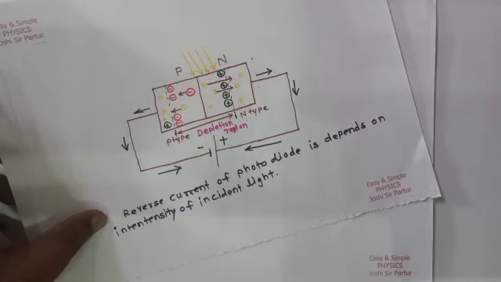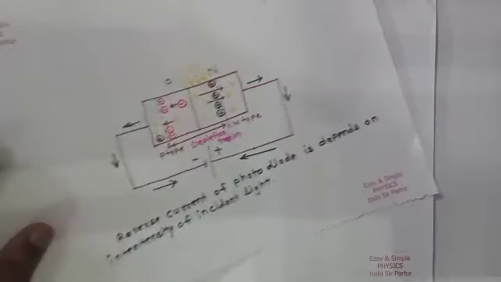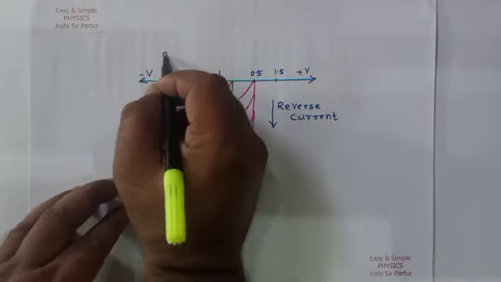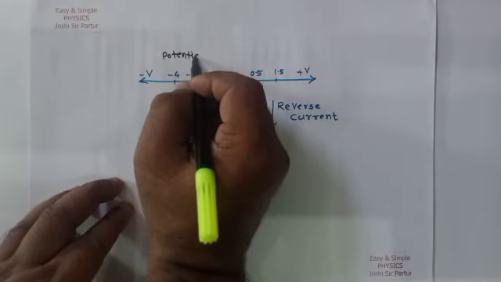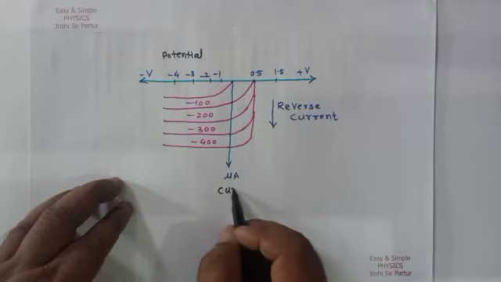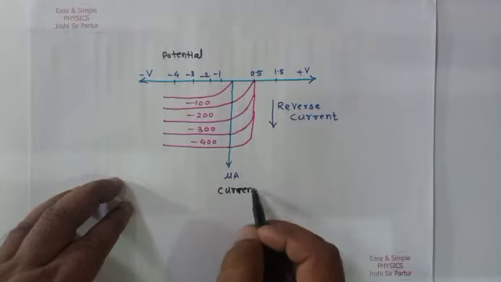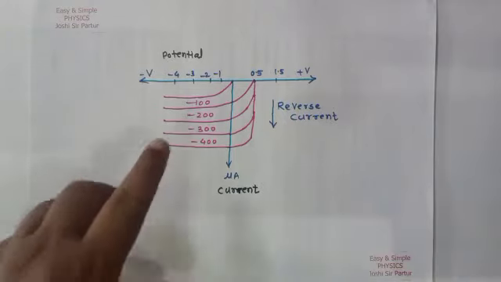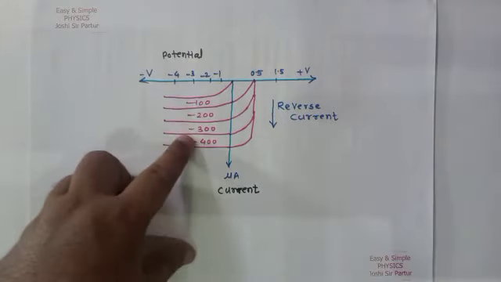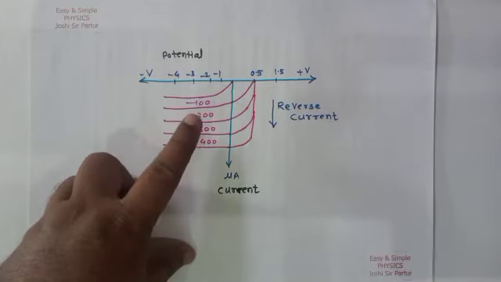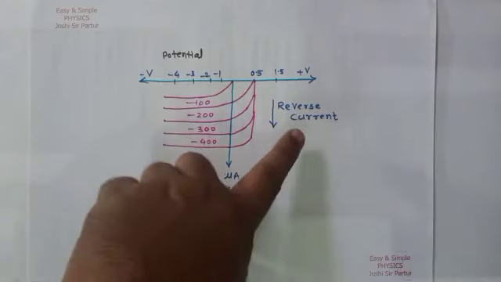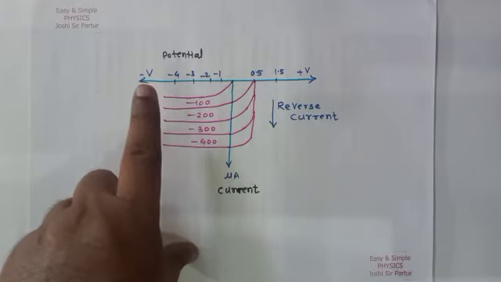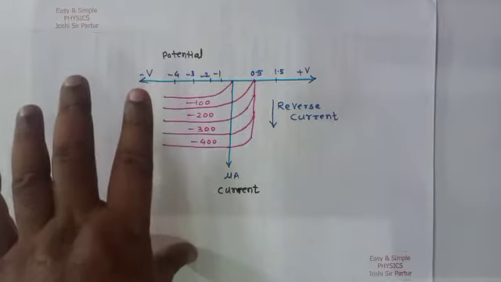If we plot a graph of potential against current, potential is on the x-axis and current is on the y-axis. From this graph, it shows the relation between reverse current and illumination or intensity of illumination.